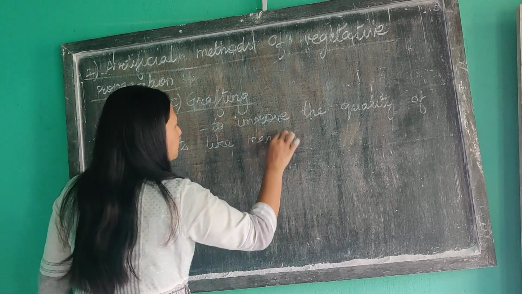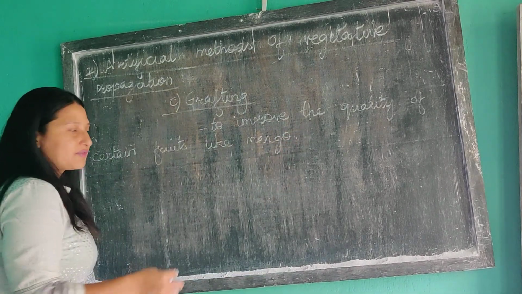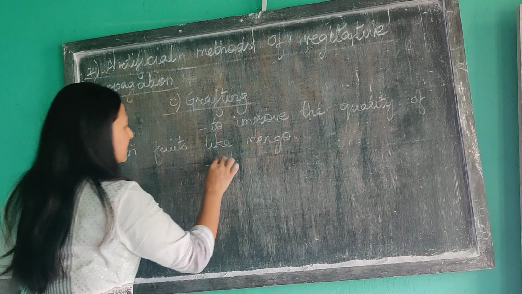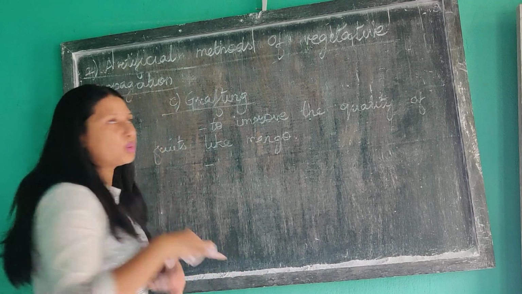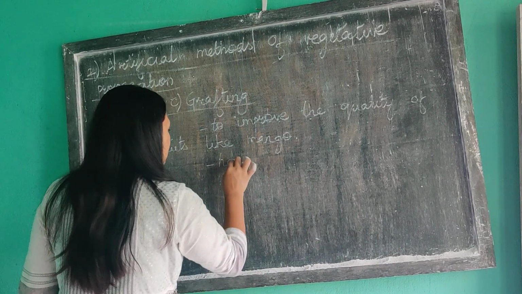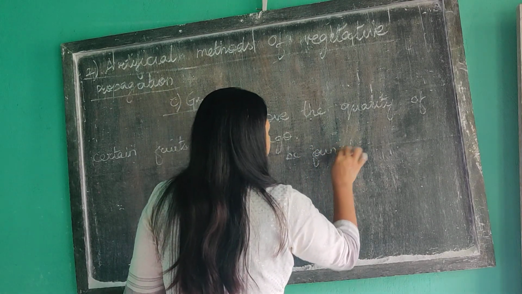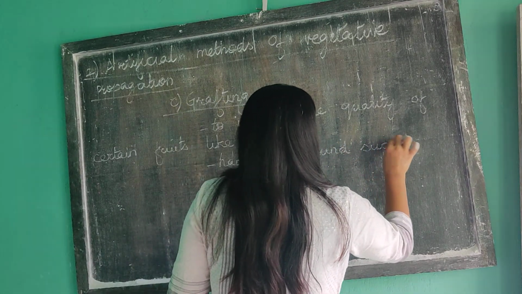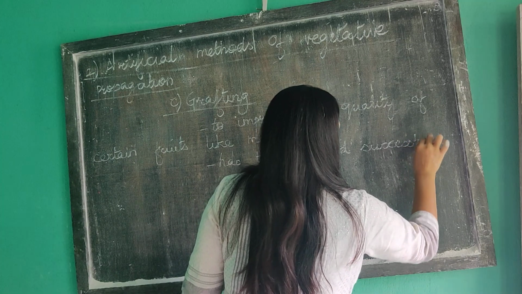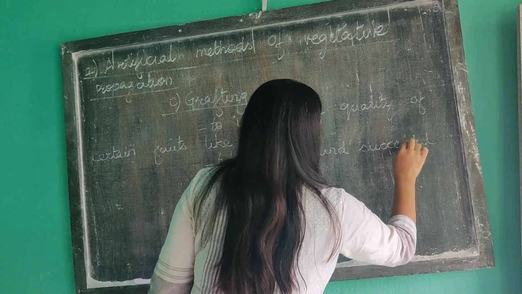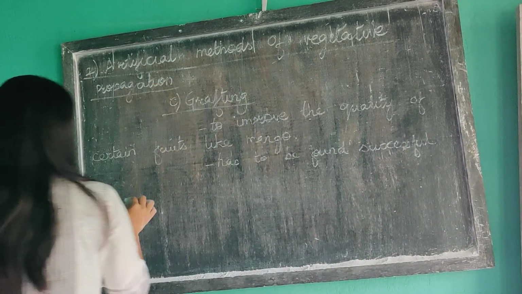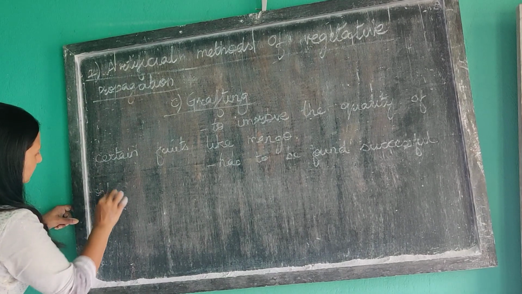So to improve fruit quality we use grafting, and it has been found to be successful only in dicots.